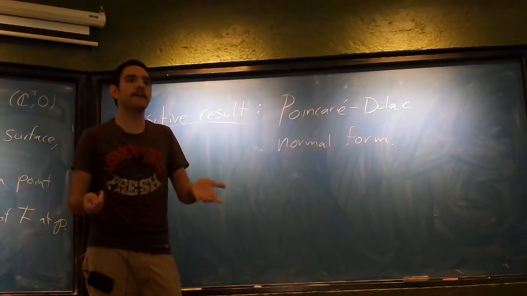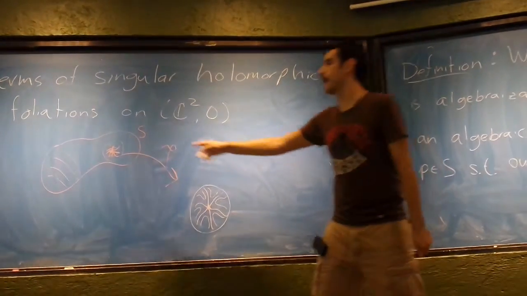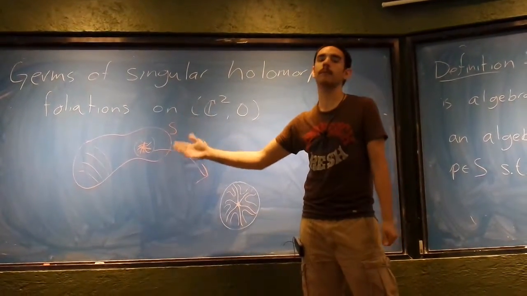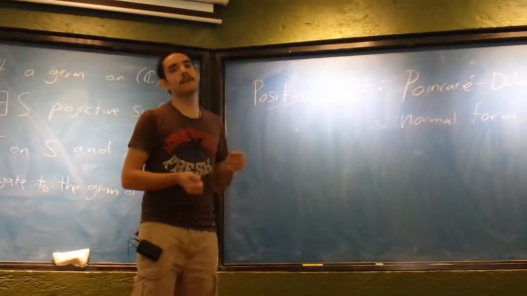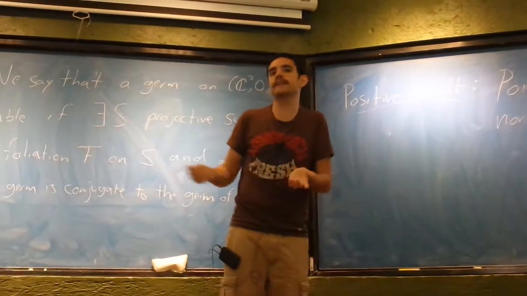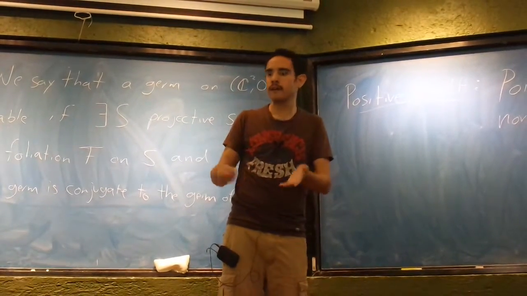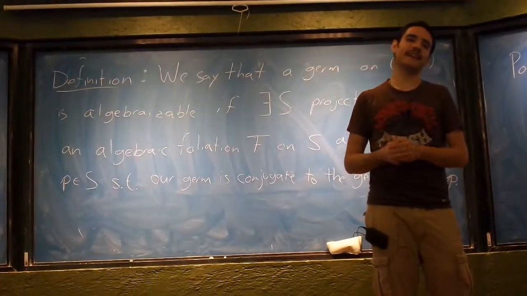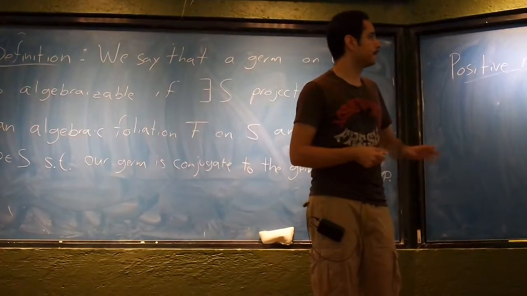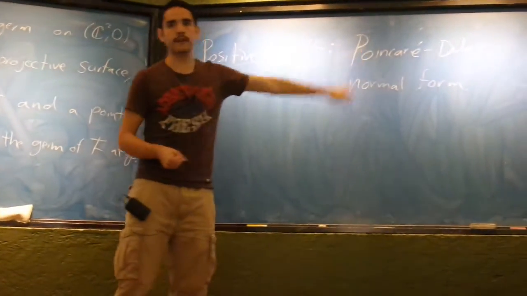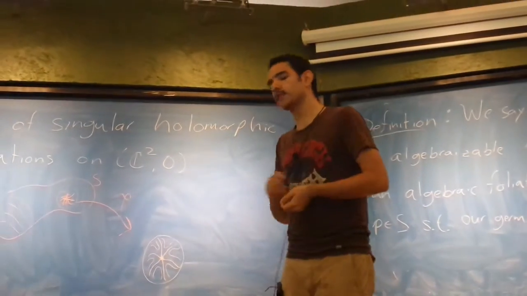And then obviously a polynomial one form gives you an algebraic foliation on the algebraic surface P2, the complex projective plane. So polynomial forms are a very particular case of algebraizable germs. They are those which are algebraic on the simplest projective surface, which is the projective plane. So this is a classical result known since the times of Poincaré and Dulac. There are other results which I will not talk about.